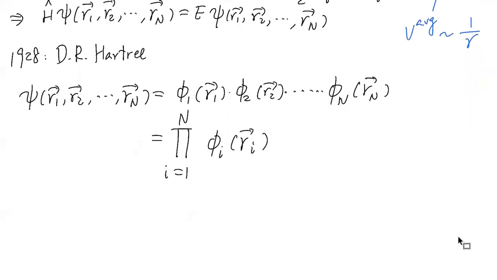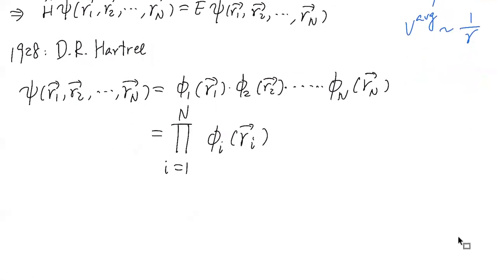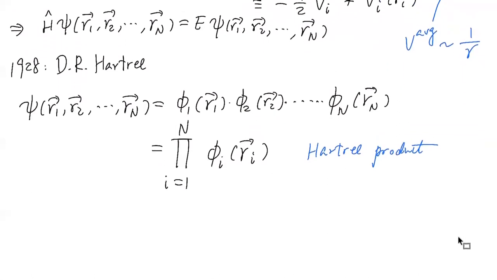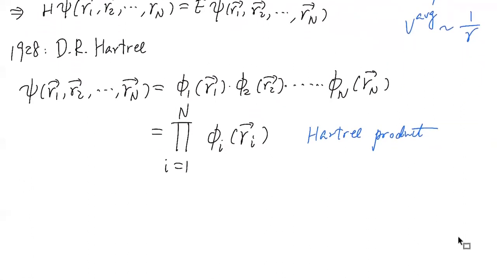Because it is Hartree who first proposed this formalism, this form of the separation of variables is called the Hartree product. It was proposed by Hartree in 1928, just 2 years after the Schrödinger equation. So at that time, Hartree really was the pioneer of this field of quantum mechanics.